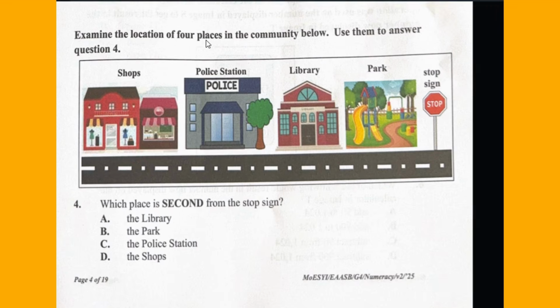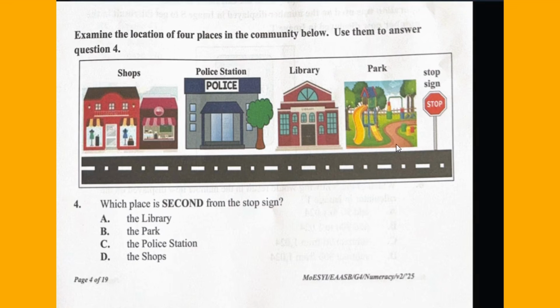Examine the location of 4 places in the community below. Use them to answer question 4. Let us look at the picture. We're seeing shops, a police station, a library, a park, and a stop sign. Question 4 says, which place is second from the stop sign?